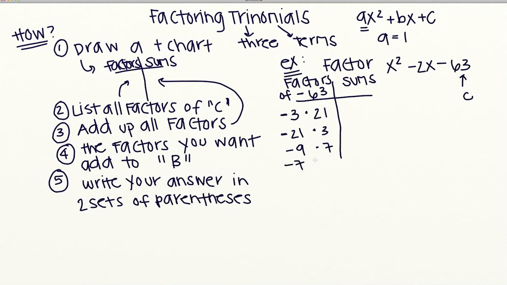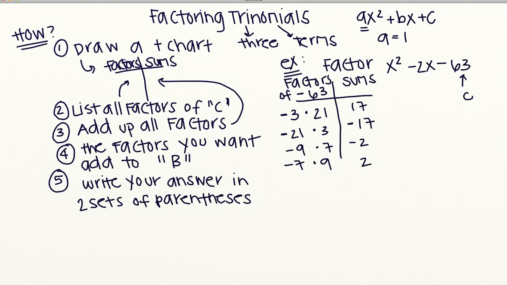You could do a negative 7 times a positive 9. That equals negative 63 too. Okay, so now step 3, add up the factors we just found. So let's do it. Minus 3 plus 21 is a positive 18. Minus 21 plus 3, that's negative 18. And minus 9 plus 7 is a minus 2. And minus 7 plus 9 is a positive 2.